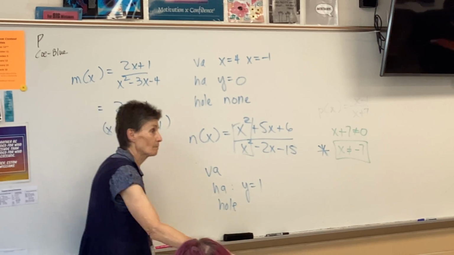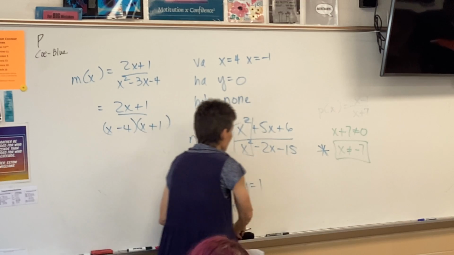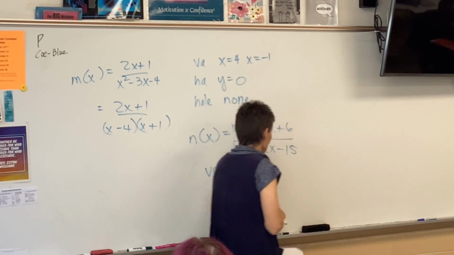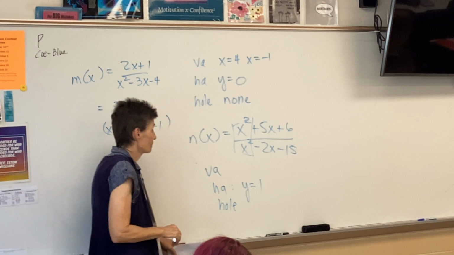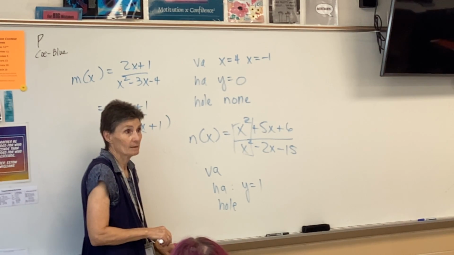Right? Okay. What do you want to do now? Got that part figured out. What do you want to do? Vertical asymptote. Well, I can't do my vertical asymptotes until I do what? Factor. Oh, yeah, factor it first.